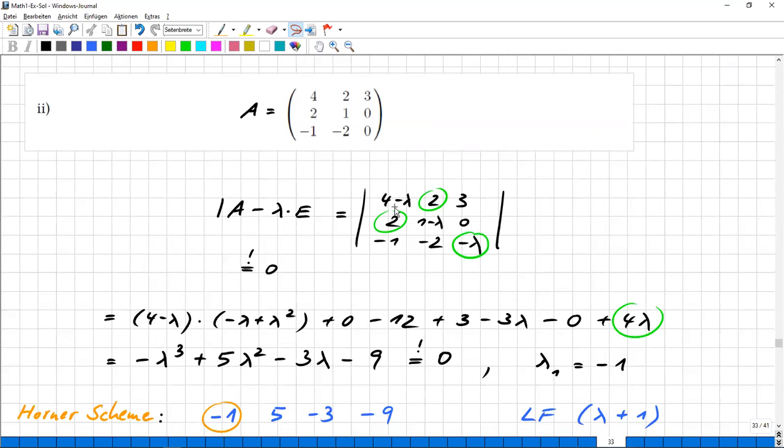As you can see, this is the main diagonal product, 4 minus lambda times 1 minus lambda times negative lambda. You see that I multiply these two, which is 1 minus lambda times minus lambda, so negative lambda plus lambda squared, and then times 4 minus lambda. So that would be this third order contribution from the main diagonal.